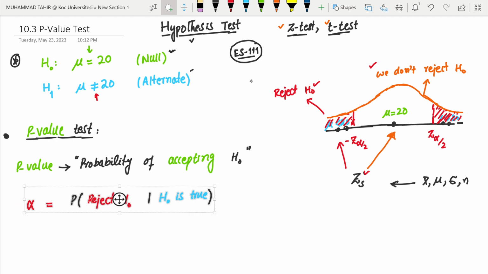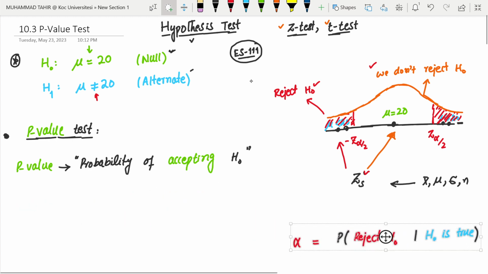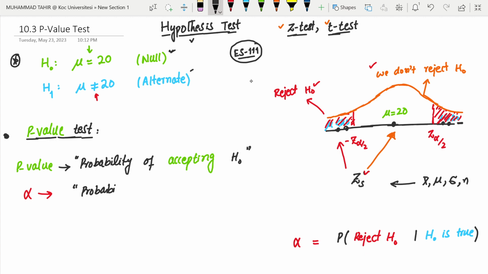So you can simply think of alpha in terms like this. Let me just move this here. Alpha is basically also probability. Probability of what? Probability of rejecting H0.